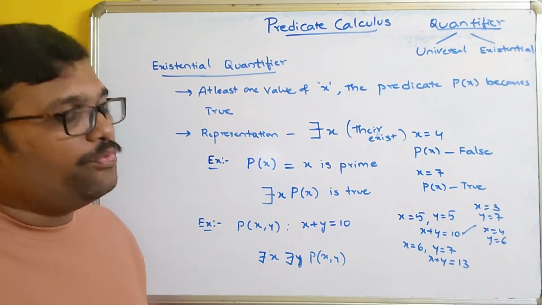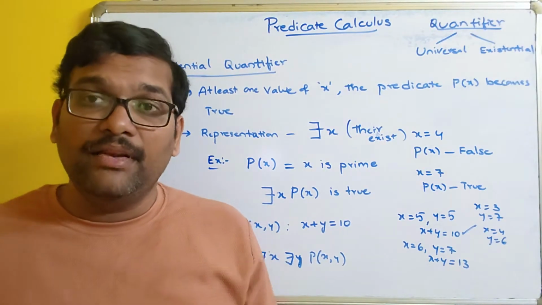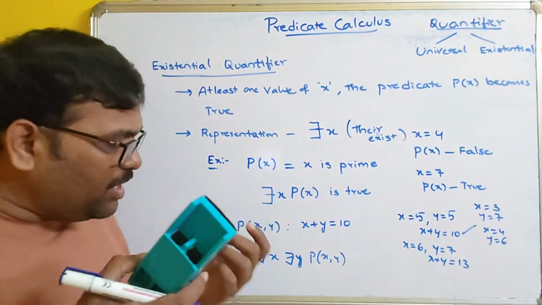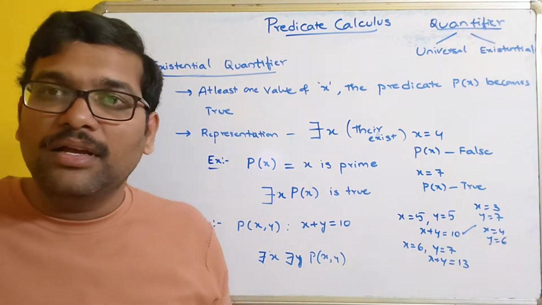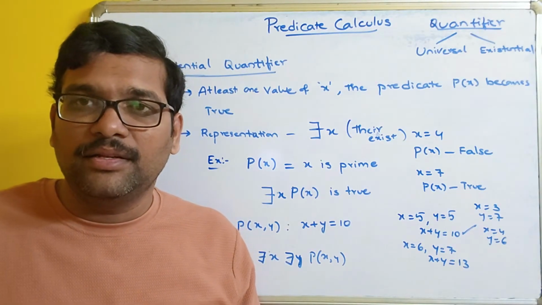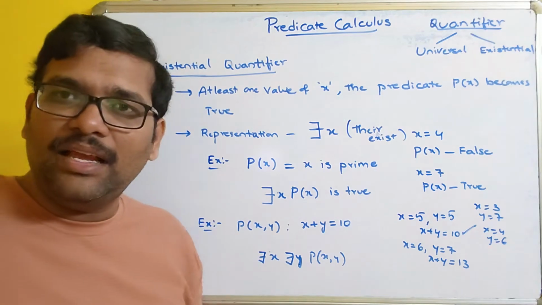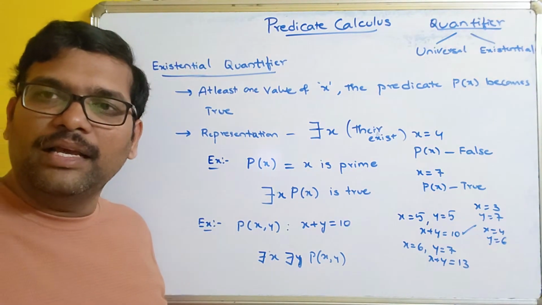So we have to find out the predicates and then we have to give the scope for that predicate with the help of the quantifiers. Right? So now let us see one example so that you can understand clearly.